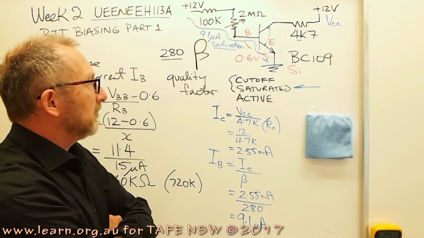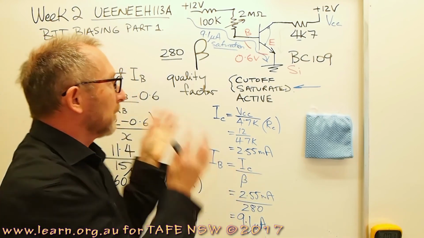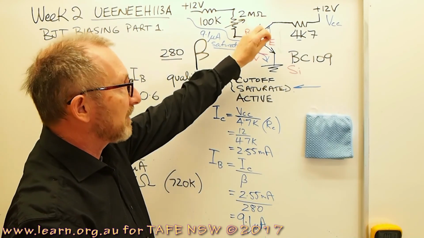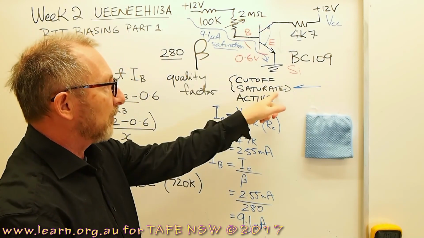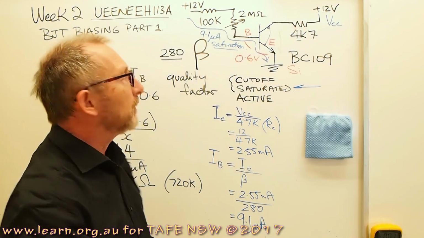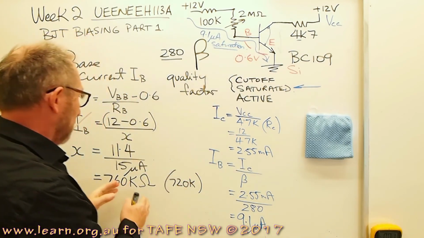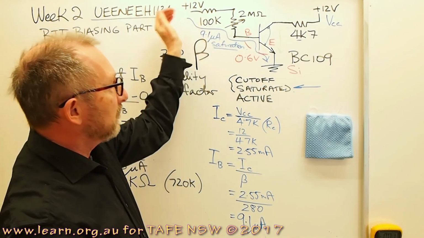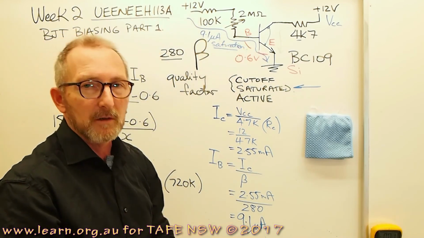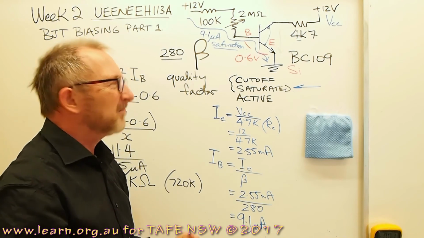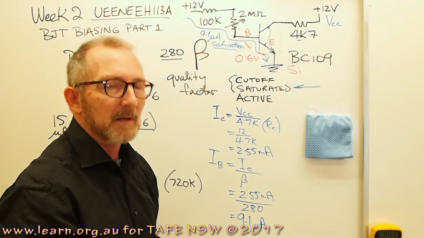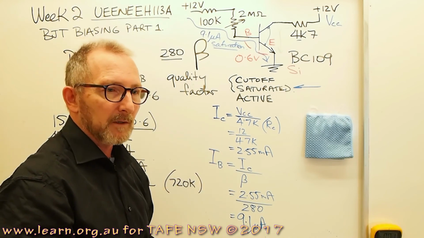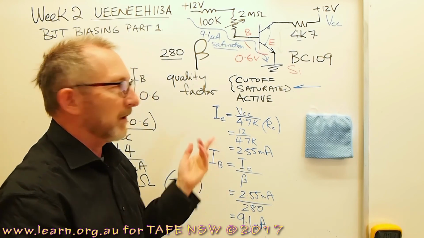Something that engineers do have to consider, though, is that if this was working off a battery, it's nice, of course, to do what I've done and say, okay, I really want to turn this transistor on hard and make sure it does saturate, if in fact I do want to control a load in the output. But the smaller the resistor I put in the base circuit, the more current that I'm drawing and the faster I'm going to flatten that battery. So you've got to think about this sometimes and say, is this going to be running off an AC power supply or is it going to be running off battery?